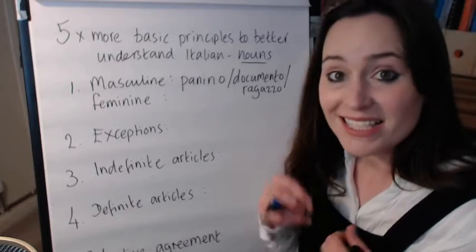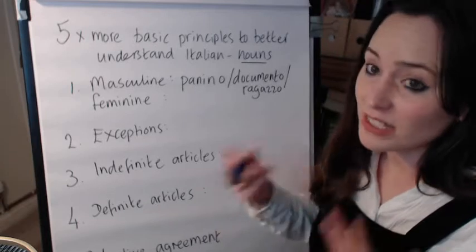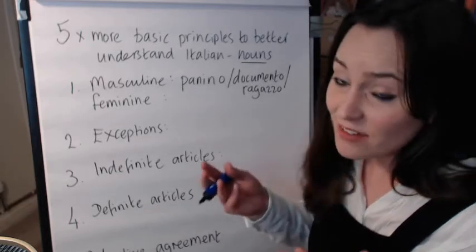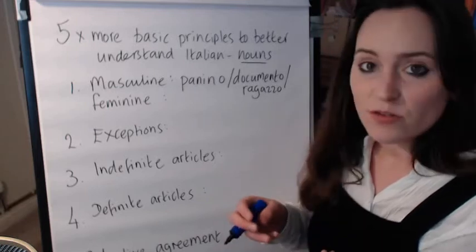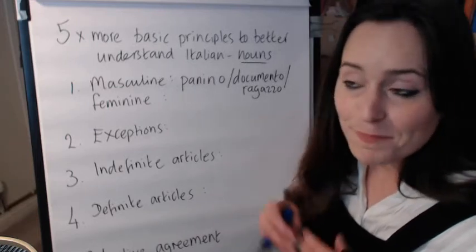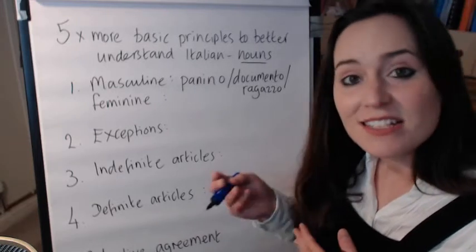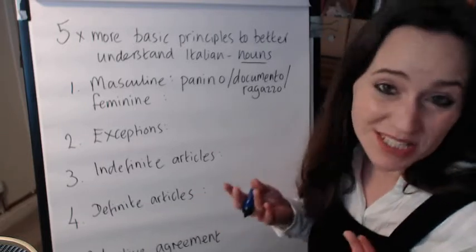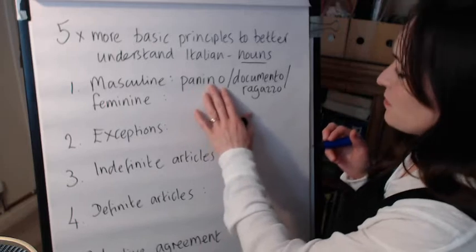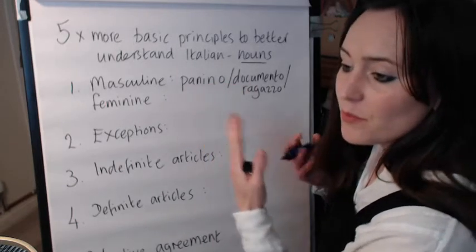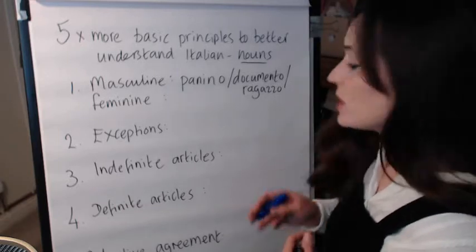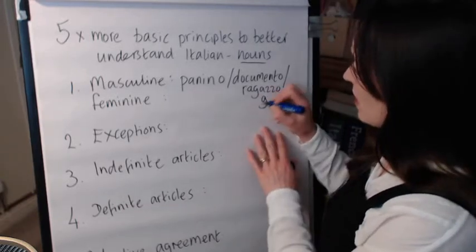For example, padre or madre, father and mother end with an E. They just do. Padre is still a masculine word, madre is still a feminine word. There are some exceptions. But otherwise, if they're masculine, if they're male people or animals even, they'll have an O at the end. So here's another example.